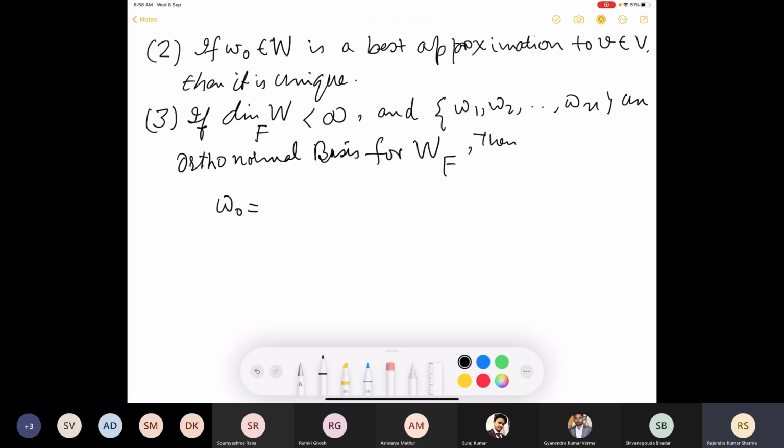In that case, w naught will be the sum, k equal to 1 to m, of the inner product of v with wk, divided by the norm of wk squared, times wk.